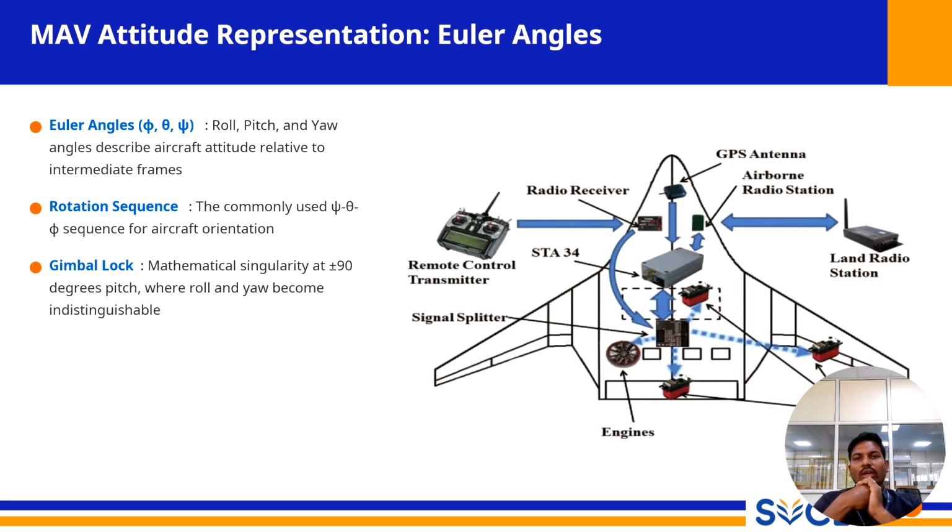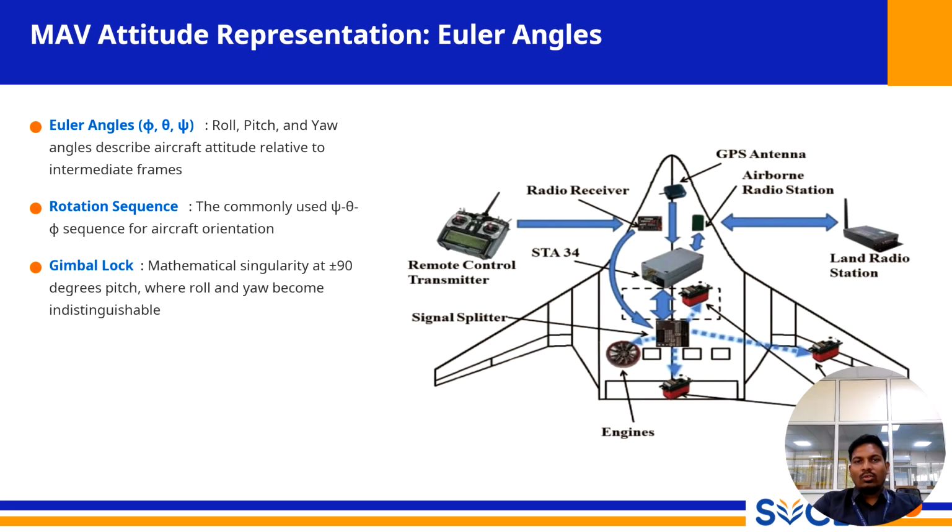While Euler angles are intuitive and widely used, they have one significant drawback known as gimbal lock. Gimbal lock is a mathematical singularity that occurs when a drone reaches a pitch angle of plus or minus 90 degrees, meaning it points straight up or straight down.